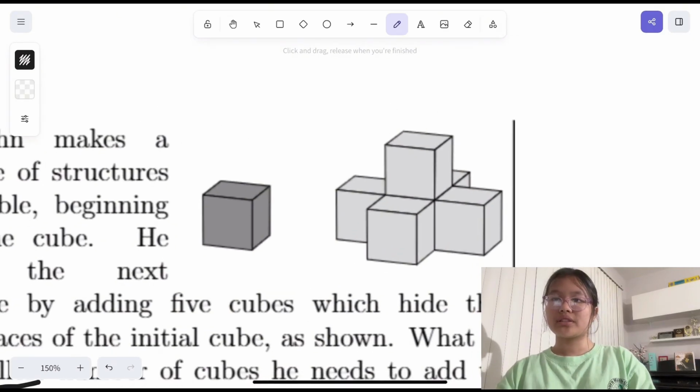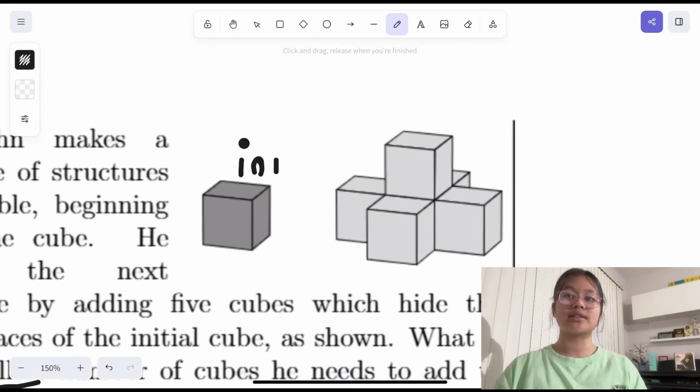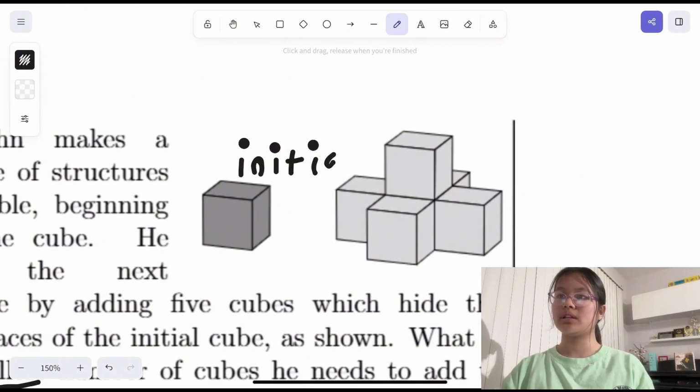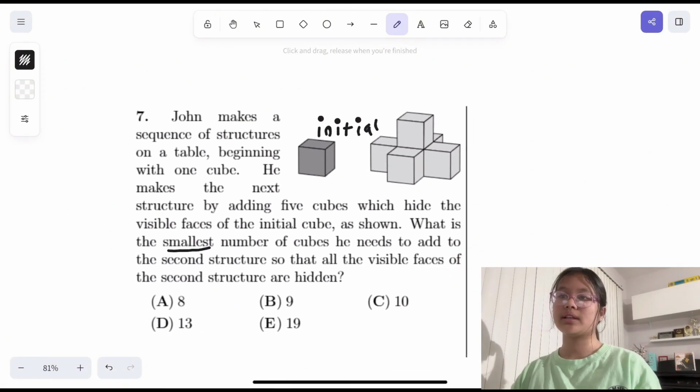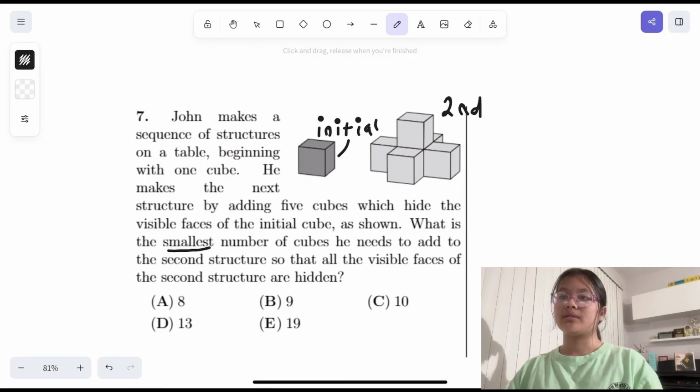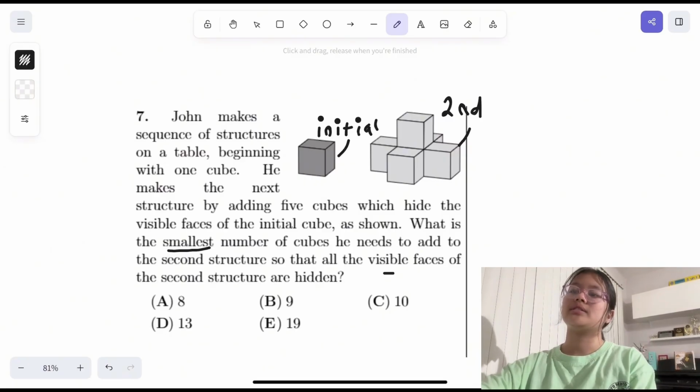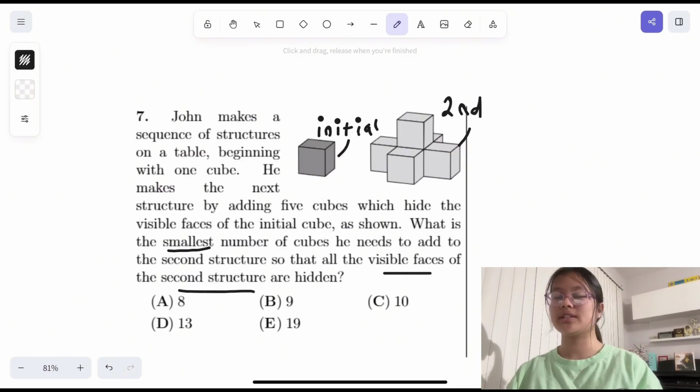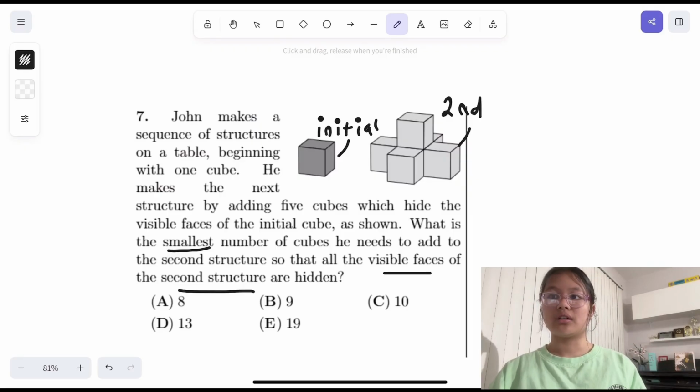So, alright, the initial cube is the gray cube, which is the smallest one. And the second structure is the one with 5 cubes, basically stacked on top of each other. There you go. Okay. So now another thing that we're gonna highlight is visible faces of the second structure are hidden.